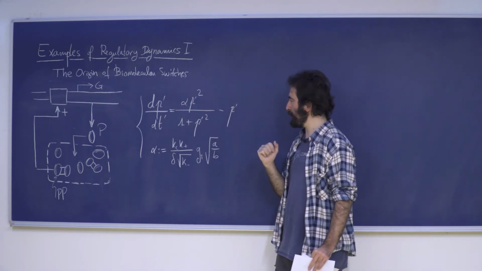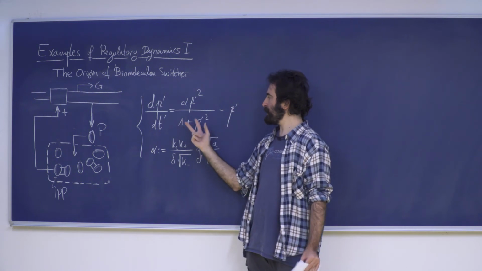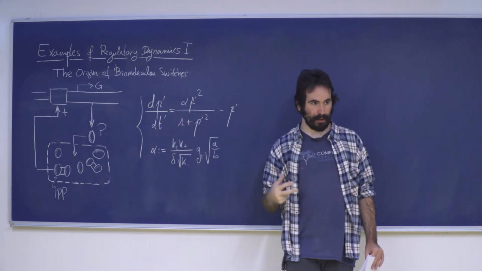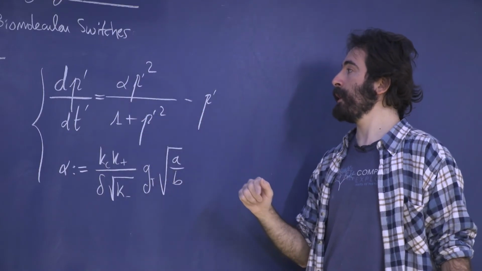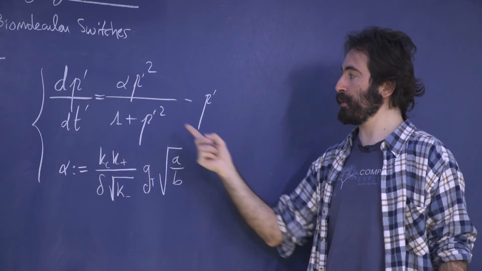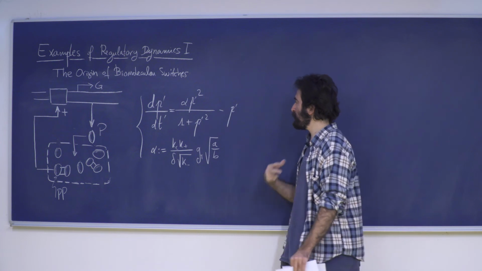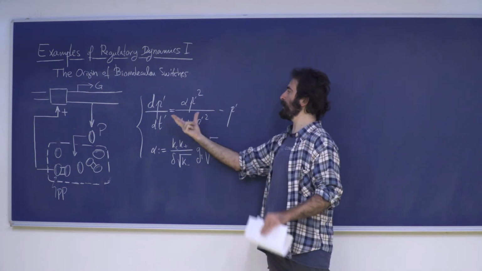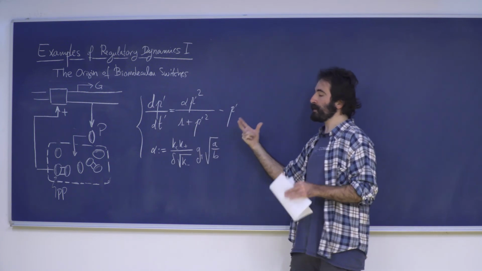Now that's something very important here. It's a remarkable lesson, which is, well, interestingly, we got something that might ring a bell for many of you, because we've seen this before: this is nothing but a Hill function of order 2. So sometimes when we're studying regulation, we just invoke functions, saying, oh, well, then the derivative of this protein will be the Hill function of order 2, and so on.